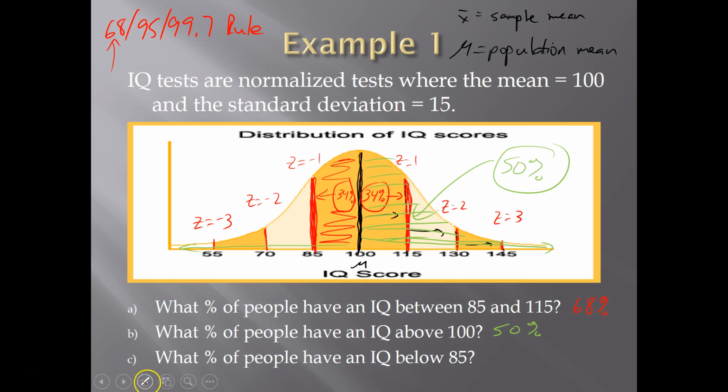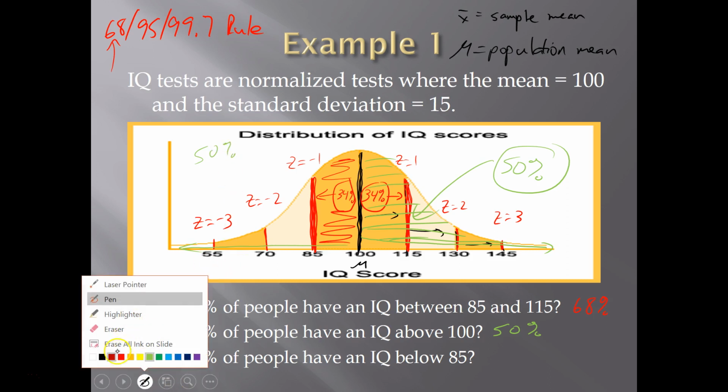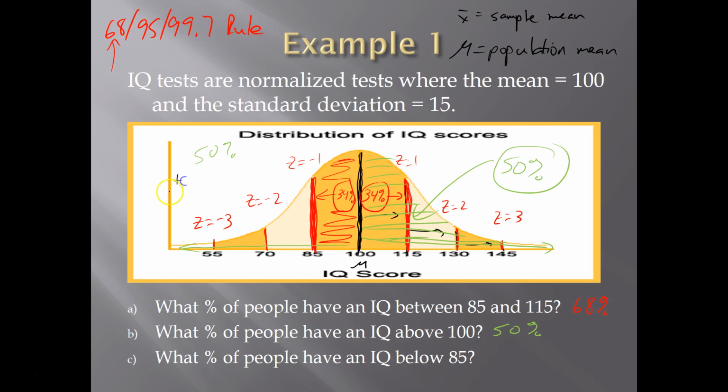So if I take my 50% that's on the right, and now I add the 34% that comes from this section right here, together I get a total of 84%.